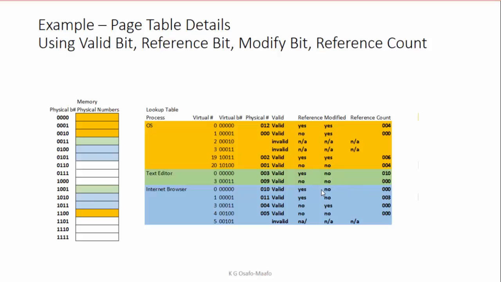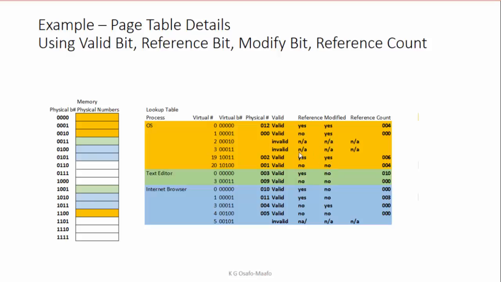And of course, the ones least likely to be kicked out are those that have been referenced and have been modified. So the idea is we are ranking the pages. The lowest priority, with a high chance to be replaced, are those that are not referenced or modified. Next we go to not referenced but modified, because it causes a little bit more work. Next we go to, oh, it's been referenced but not modified.